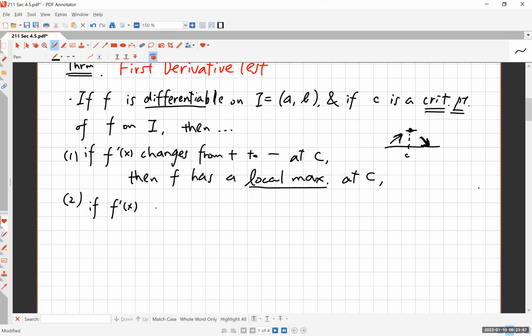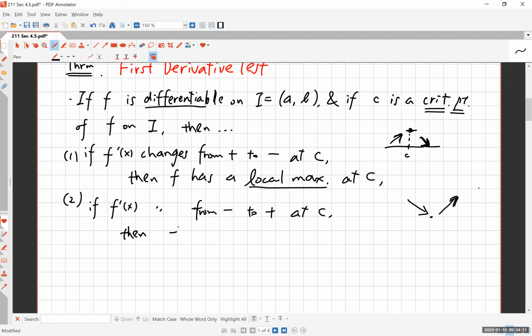If f prime changes from negative to positive at C, of course, that's the other way around. It's decreasing up until C, the derivative is 0 at C, and then it starts to increase. The derivative goes from negative to positive.